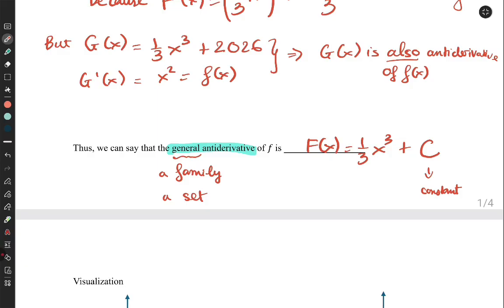But if you were asked to take the antiderivative of this one, this is one option, right? Antiderivative. This, another option. This, another option. This, another option. This minus pi, right?